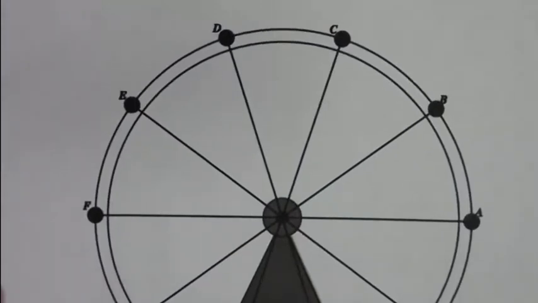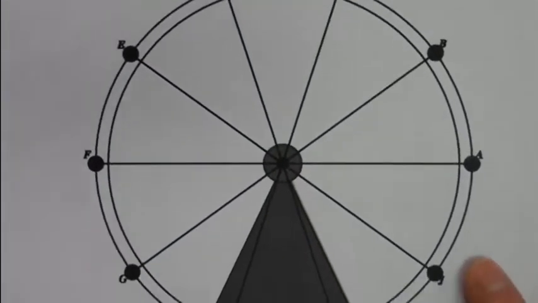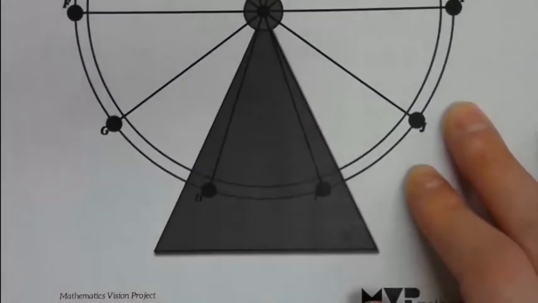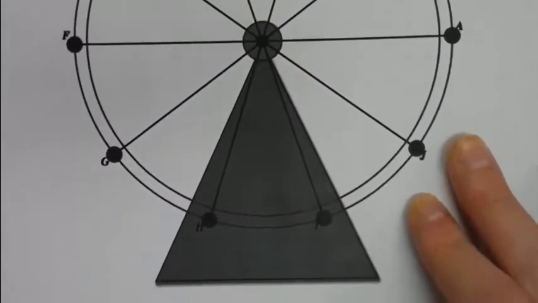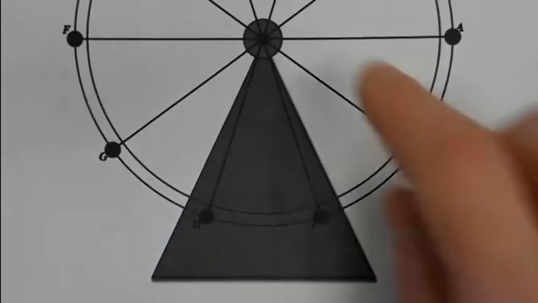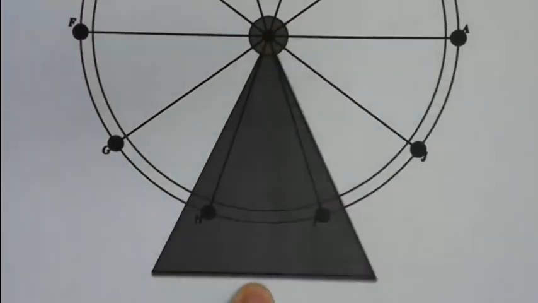If we look at this whole Ferris wheel here, you can see that we have a lot of stuff going on. But remember that our center right here to the bottom is still 30 feet off the ground.